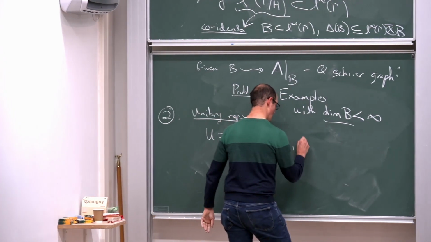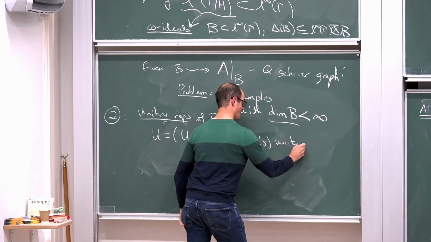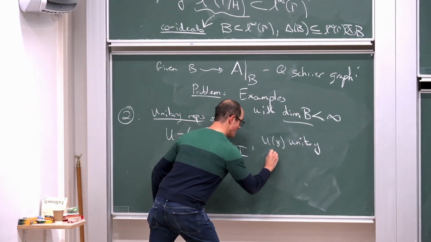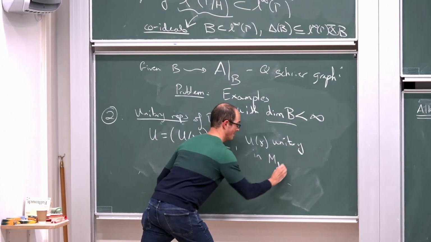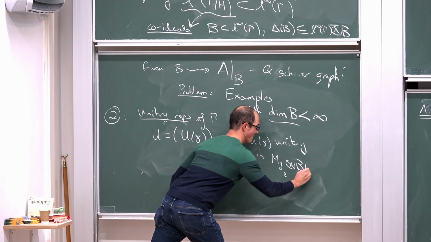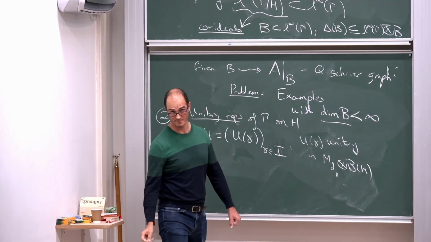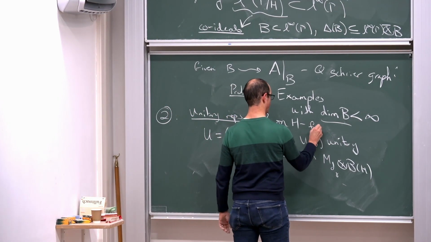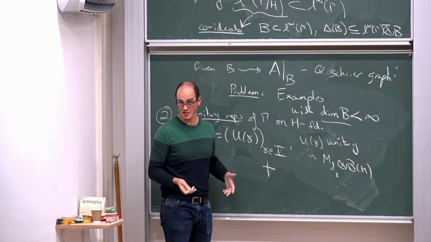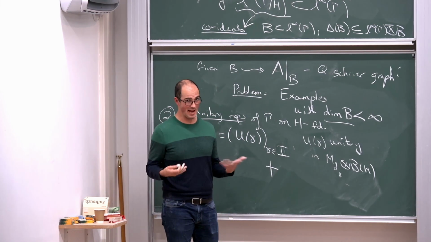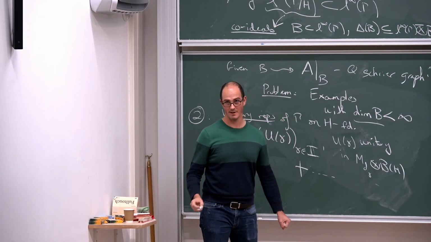So each U gamma is unitary in M d gamma tensor B of H, and this is going to be a representation on a Hilbert space H, plus some conditions which make it behave like a multiplicative map. But I won't specify what that is.